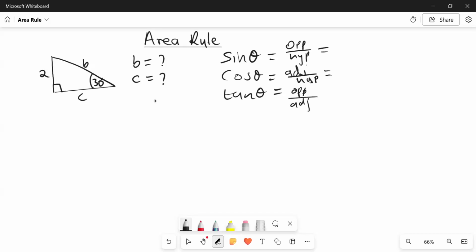Some prefer to use y over r, x over r, and y over x. Still okay, still right. So for trig ratios, we have sine theta, which is equal to opposite over hypotenuse.